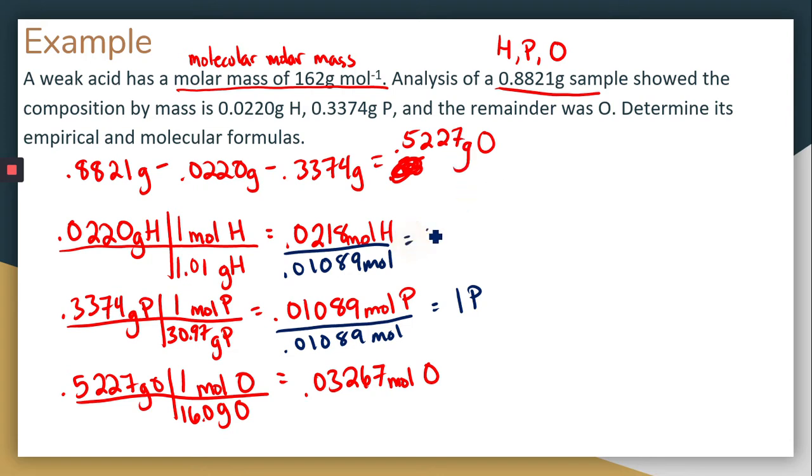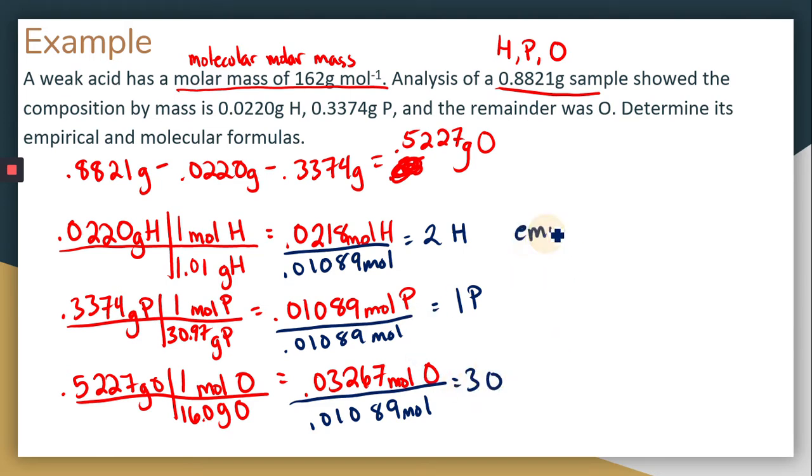That rounds to 2 hydrogen. So this is where we want to round it to a whole number for that ratio. Just watch out for the 0.5. You can't round to 0.5 or a 0.3 or a 0.6. So this gives us exactly 3.